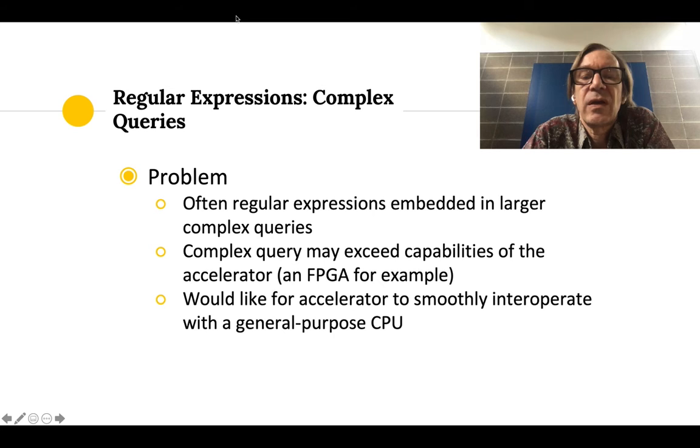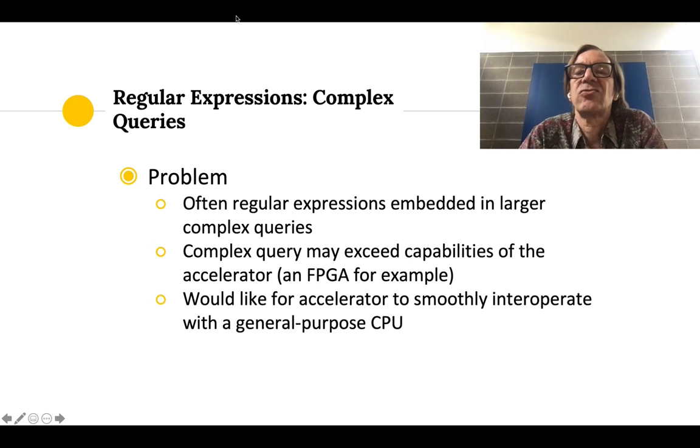Also, from a data size standpoint, the complex query may exceed the capabilities of the accelerator, for example, because it uses a dictionary or some other structure that doesn't fit on the FPGA.